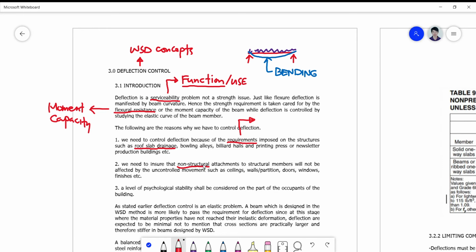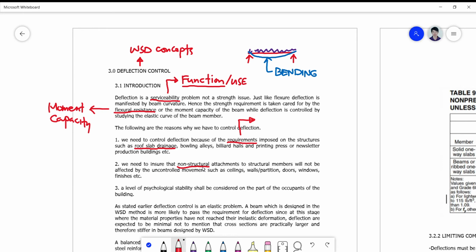And if these attachments will simply be controlled by the movement of the members such as beams, slabs, walls, etc., then the attachments like ceiling, partitions, doors, windows, and other finishes might be affected.